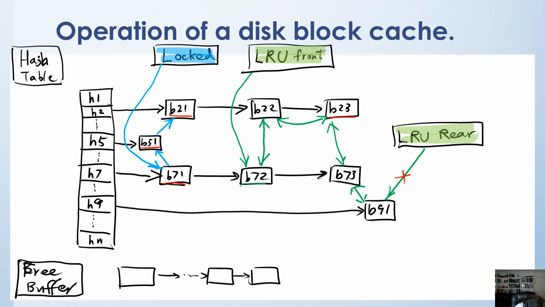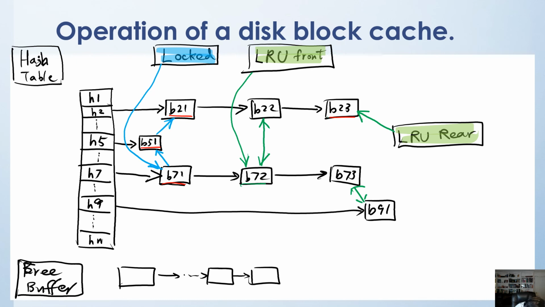Also, we disconnect B23 from B22 and B73 because B23 has moved to the rear.